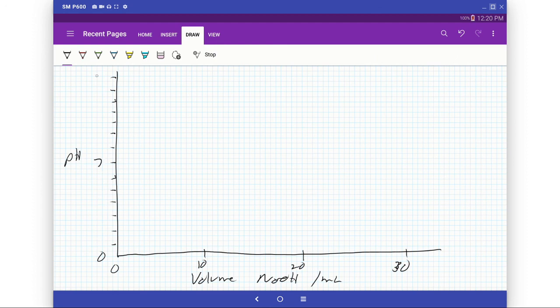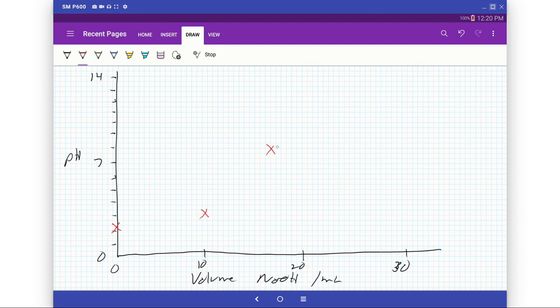So in terms of these calculations, our initial pH was 2.09, which is right there. After 10 mL, the pH was 3.24. After 18.63, it became 7.87, which is about right there.